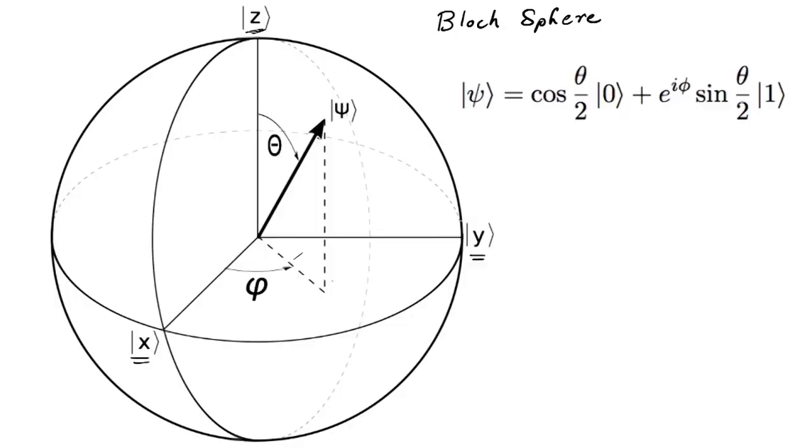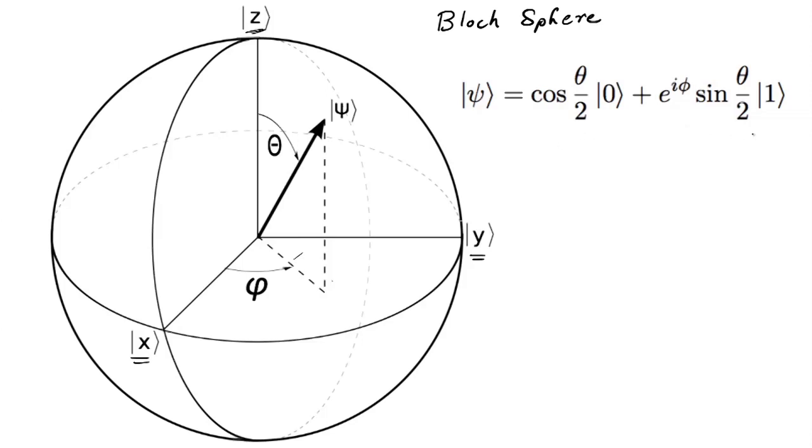What we are saying is, instead of thinking of a qubit as sitting on the unit sphere in a 2-dimensional complex vector space, we can equivalently think of the state of a qubit as sitting on the surface of a unit sphere in 3-dimensional space, where we specify it by two parameters, theta and phi, the polar angles, and then the state of the qubit would look like this.